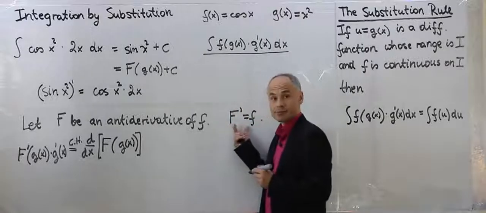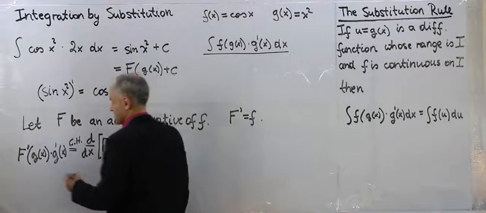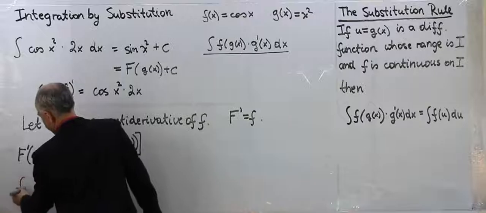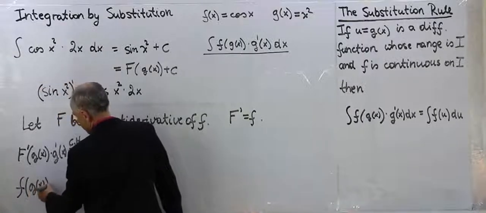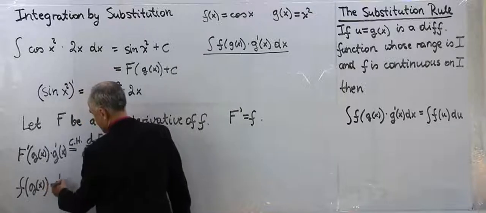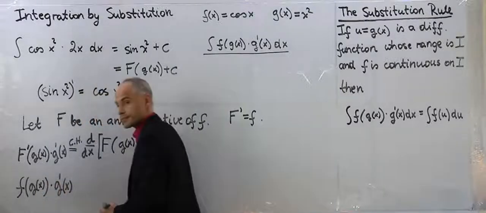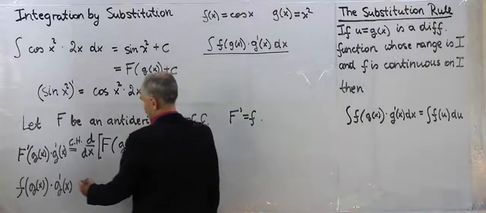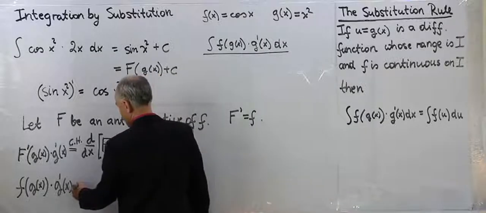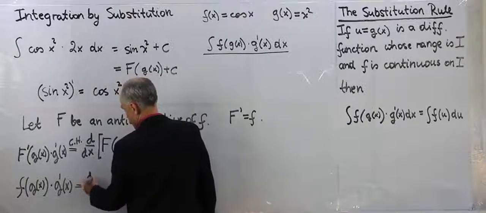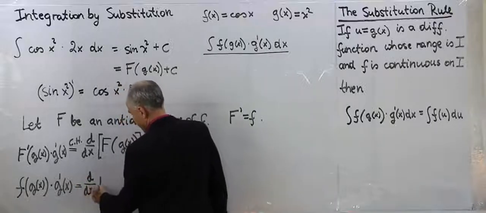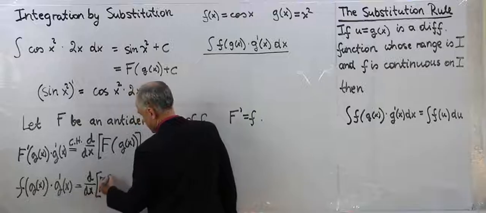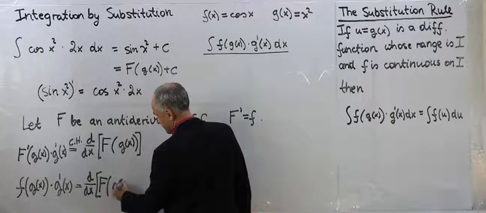But F prime is lowercase f, so then I get f of g of x times g prime of x, right? This is equal to the derivative of capital F of g of x.